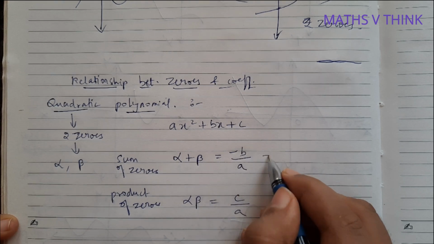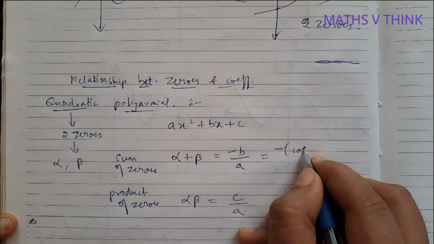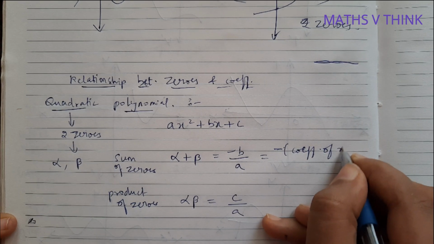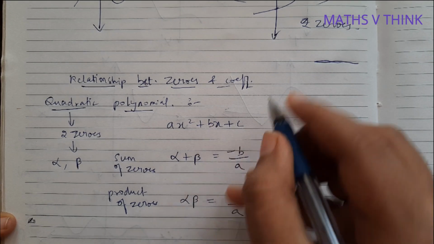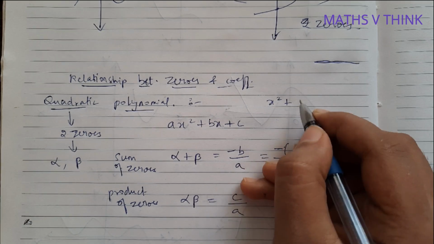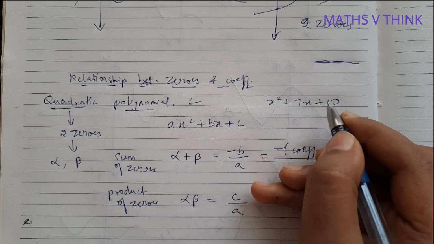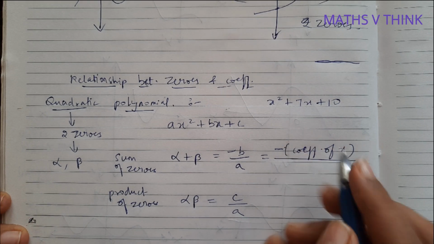This b is nothing but the coefficient of x. Coefficient of x means, suppose you have x square plus 7x plus 10. So here the coefficient of x is what? 7.